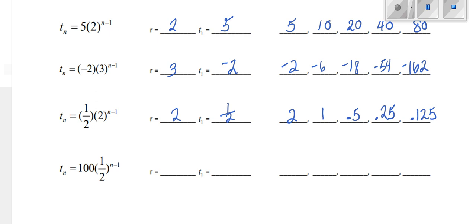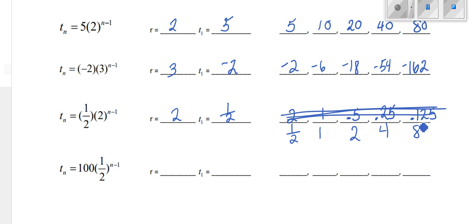Oh, I'm sorry, I did that backwards. Let me fix that. Again, early. Should not be doing this early. Okay, my first term is half, and it's doubling. So 1/2, 1, 2, 4, and 8.